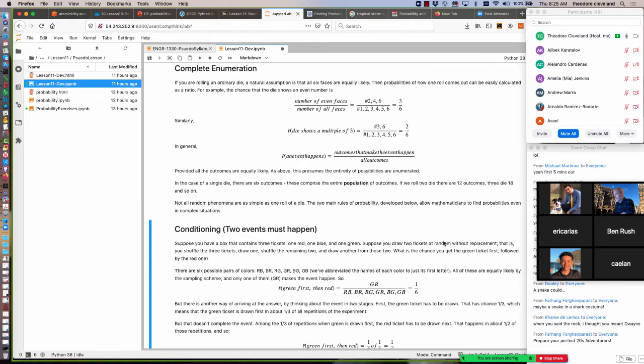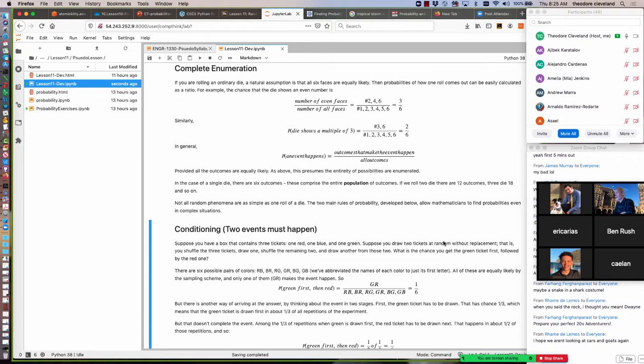That's valid for these examples. But if outcomes have different individual likelihoods, the example can be adapted for that quite easily. As above, the examples presume that the entirety of possibilities are enumerated. In the case of the single die, there's 6 outcomes.